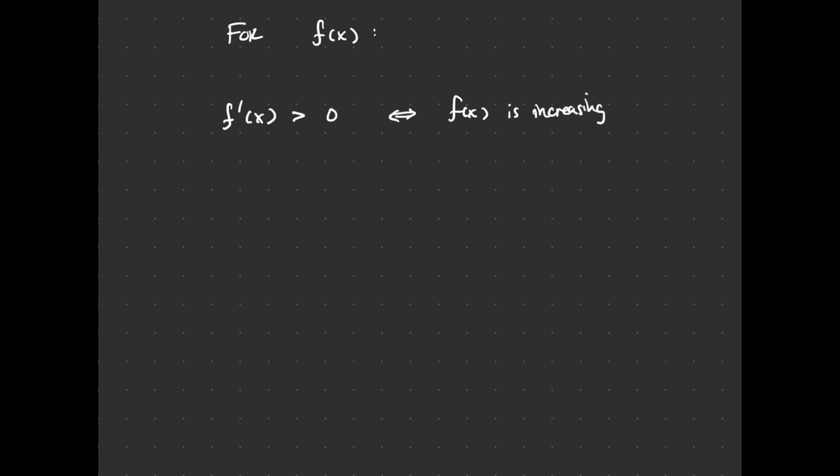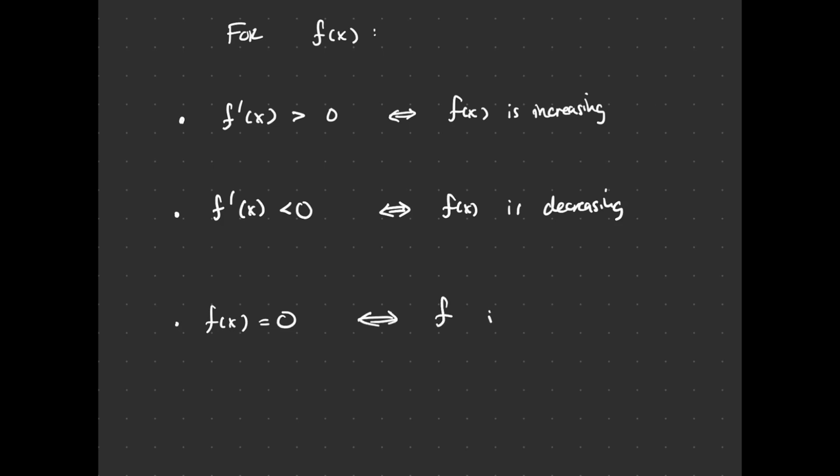It doesn't mean it's the case everywhere. It just means at the value that you're talking about. f prime being negative means that f of x is decreasing, and f prime equal to 0 implies that f is flat. No change, right? If you've got no change, you're not going up or down.